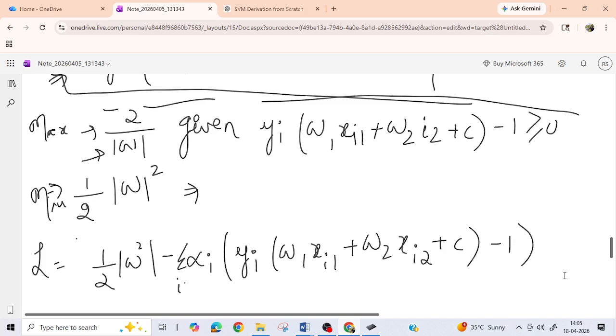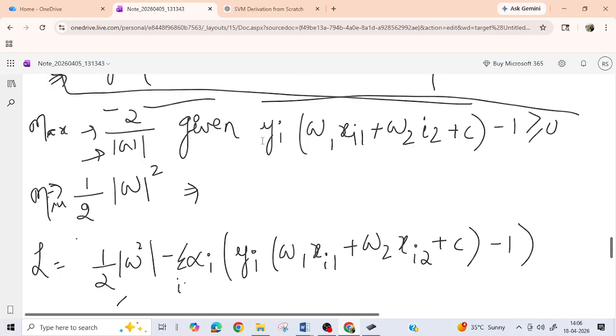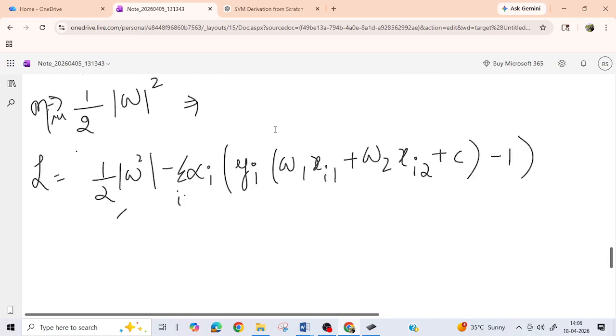Alright, so this is what the Lagrangian is, right? This is the condition which I showed you. Minimize 1 by 2 w square, because we wanted maximization of 2 by mod of w, and then this is coming from this condition, right? I showed you that for whatever the case is, this stands true, the yi into w1 xi1 etc., right? So this is what we have.